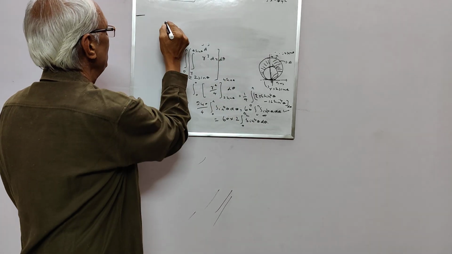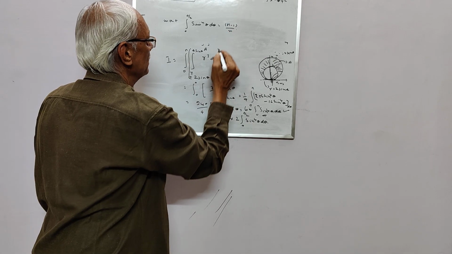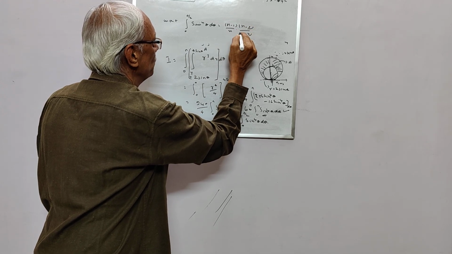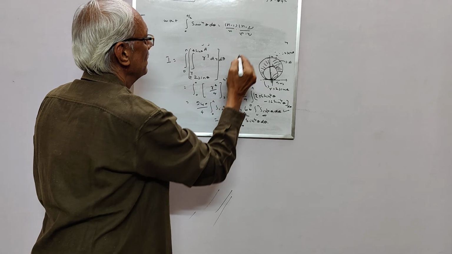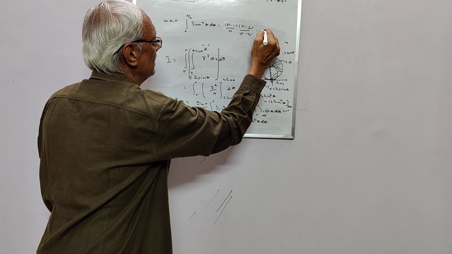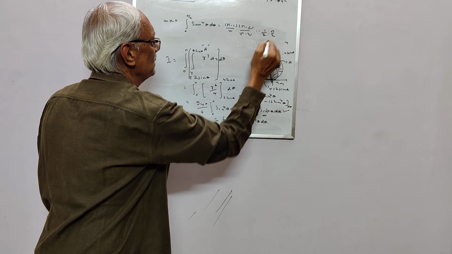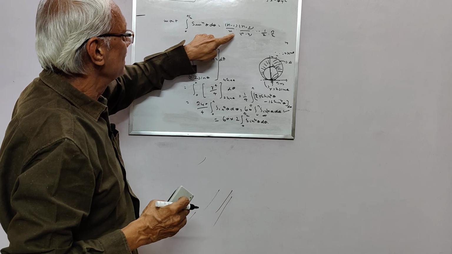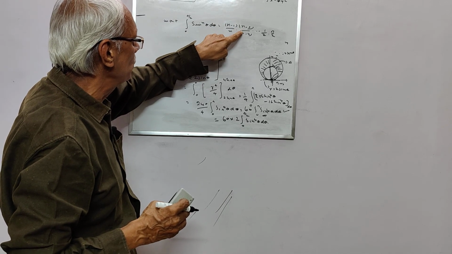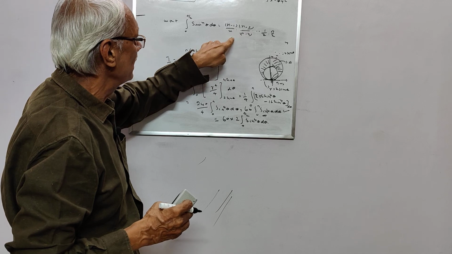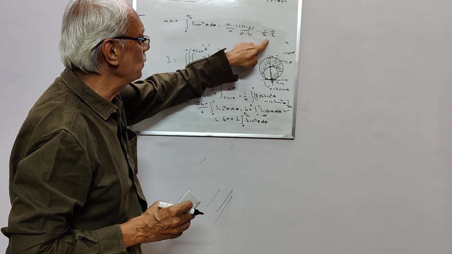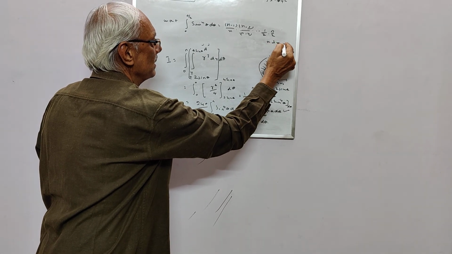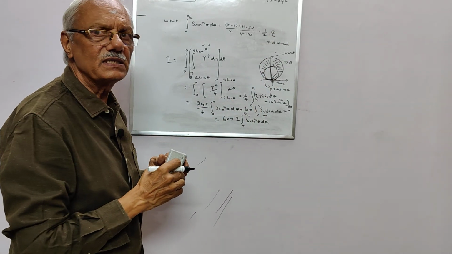We know that it is n minus 1 divided by n, then n minus 3 divided by n minus 2, then n minus 5 divided by n minus 4, and it goes on like this up to half into pi by 2, provided your n is even.